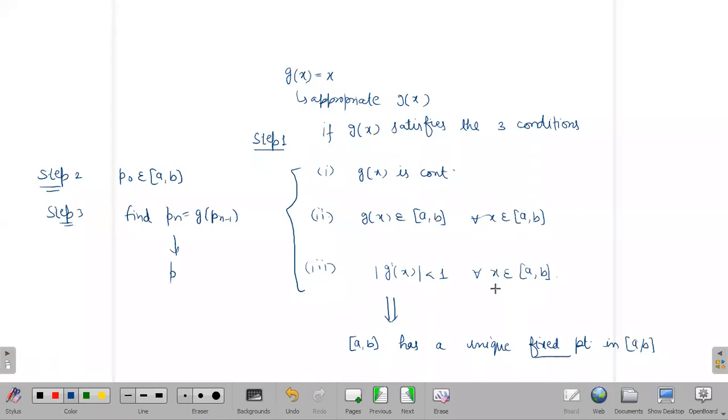So this was the procedure. Here we have taken these three conditions. If these three conditions are satisfied, then we say that the interval [a, b] that we have taken gives you a unique fixed point of g of x.